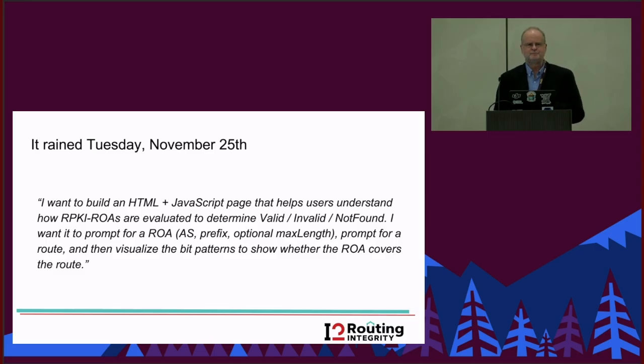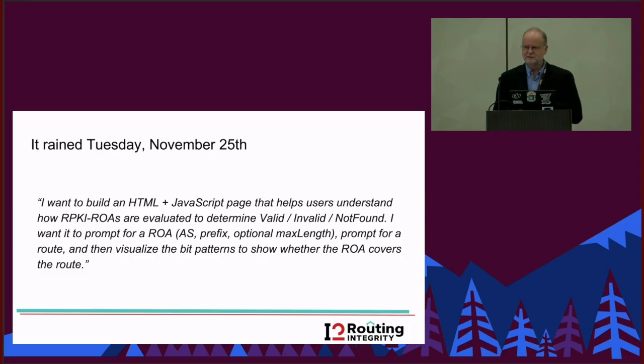There is an aspect of how ROAs are evaluated against routes which I see it's common for people to get wrong. It's a counterintuitive concept to begin with, and then if you're just not doing this very often, it's common for people to get wrong, including me and including my colleagues who do this.